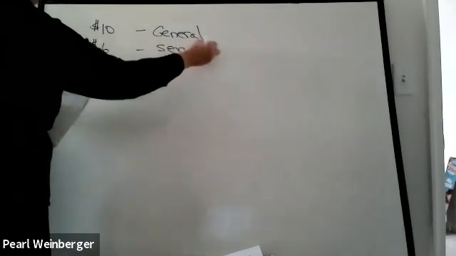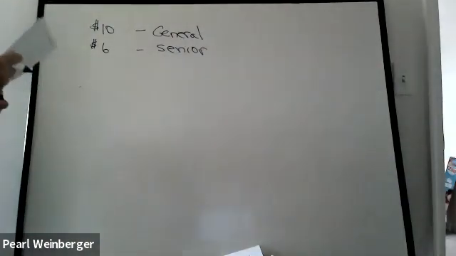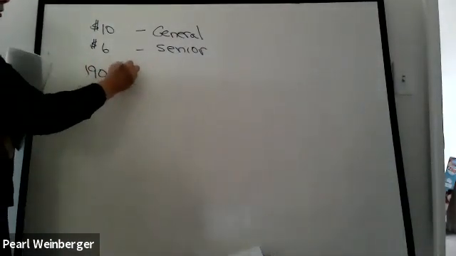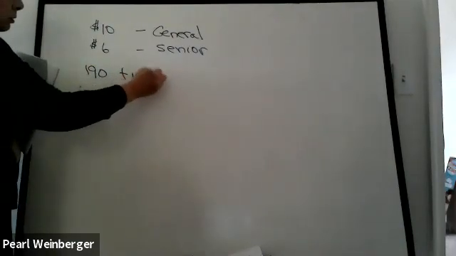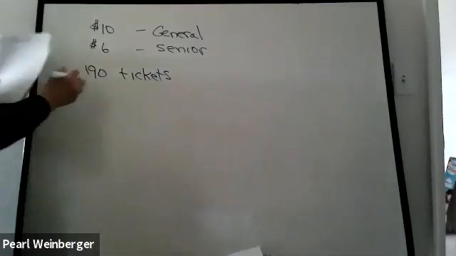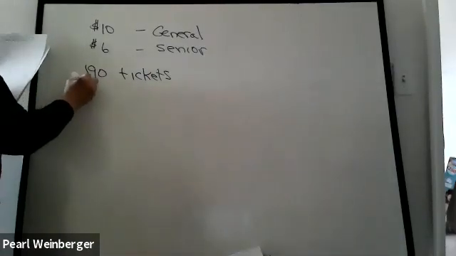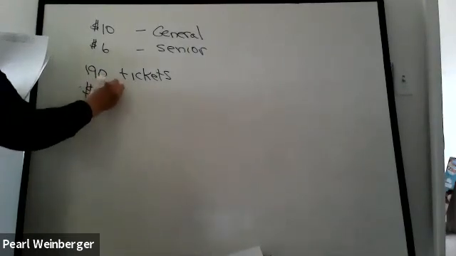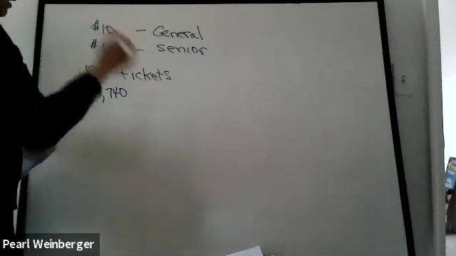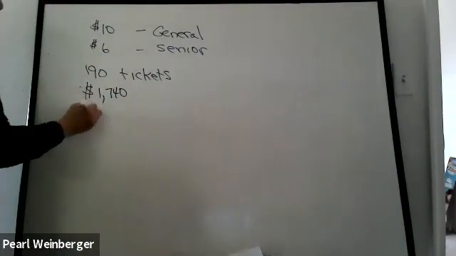So we have two types of tickets to this movie. 190 tickets were sold, and for a total of $1,740. How many general admission were sold?